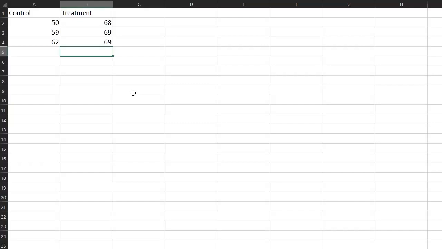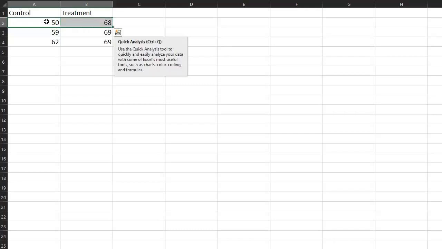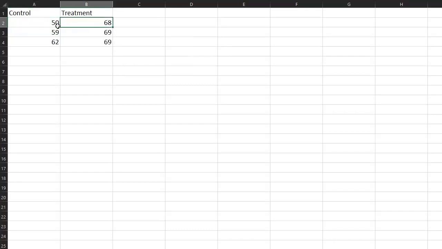Now, what makes this different from a one-factor study that we've looked at in the past is that these students are matched. That 50 and that 68, those students, before they ever went into the control and treatment group, they were both getting C's. And so they were matched up.